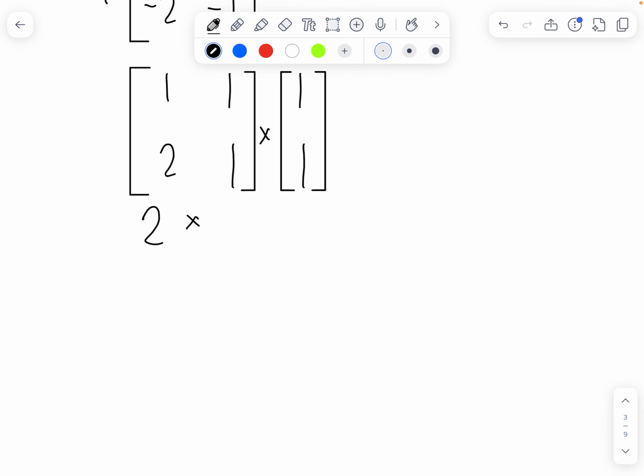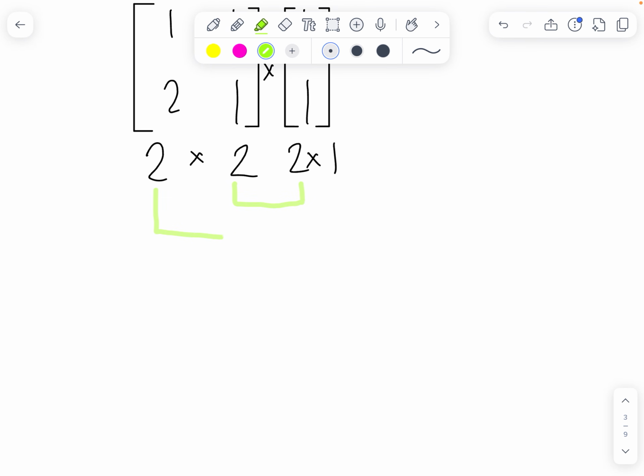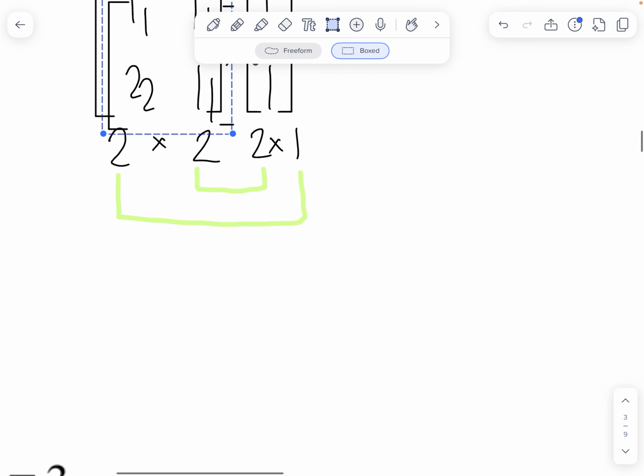It's a 2 by 2 matrix and a 2 by 1 matrix. As you can see, these two are equal to each other. That means we can multiply them, and we will end up with a 2 by 1 matrix.